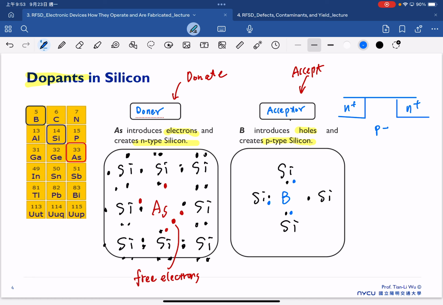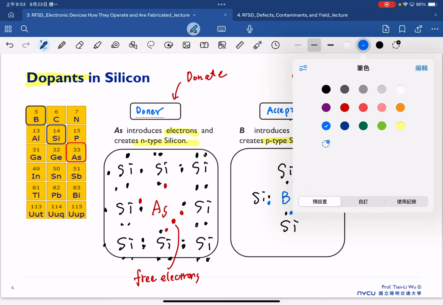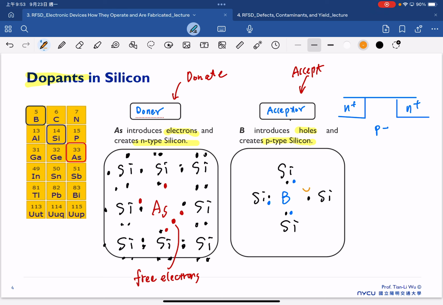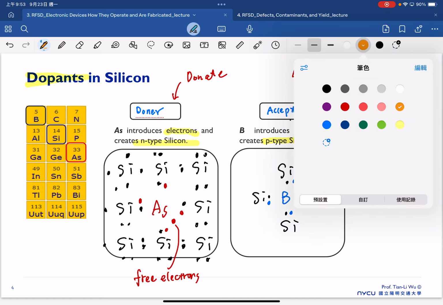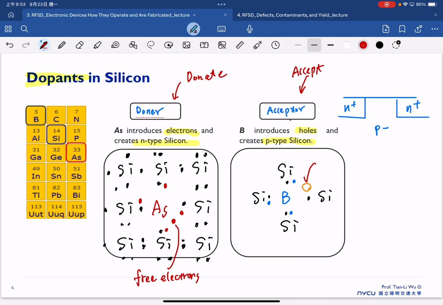And in this case, this boron will introduce an empty space. This empty space can accept 1 additional electron. That's why we call this an acceptor.